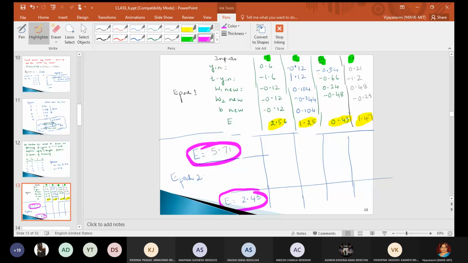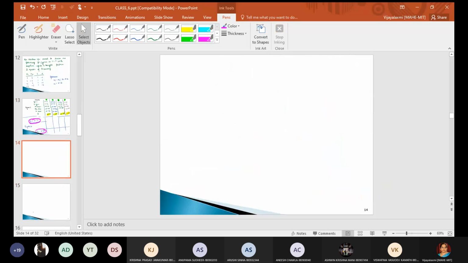Suppose you are training a third or fourth iteration. As you increase the number of training steps, the error reduces and you will get a better model. Finally, after two iterations, the Adaline network, whatever we design, will be something like this.